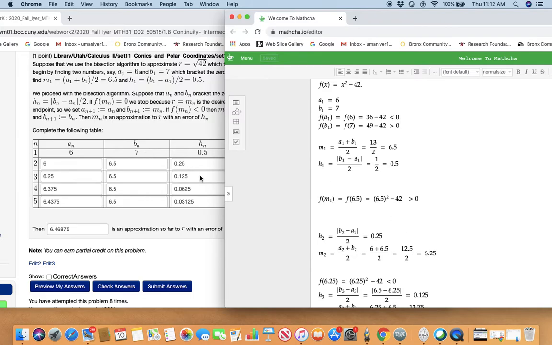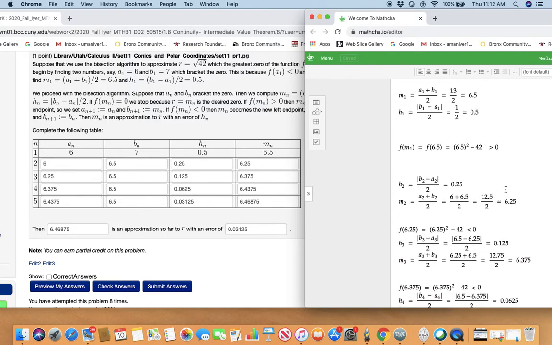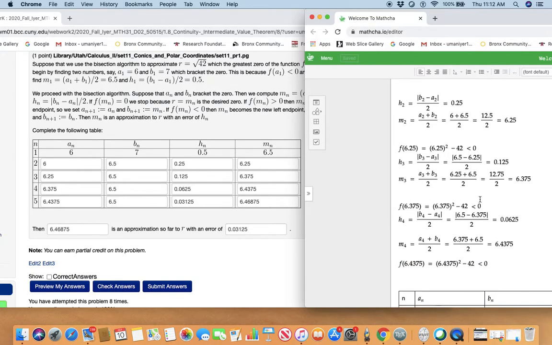Now again find half the distance and find the new midpoint of these two points. Now plug this into your function. It is negative. Aha, that means this replaces the A column, so the B column is unchanged. Now find half their distance using absolute value over 2 and then find the midpoint, which is the average of these two. Now find f at that value.